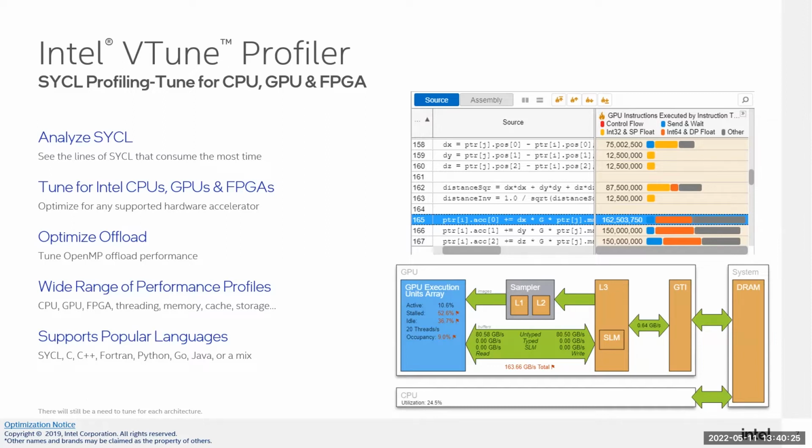It profiles very popular languages like C, C++, Fortran, Python, Java, etc. It helps to analyze, find, and optimize the performance bottlenecks across CPUs, GPUs, and FPGAs.